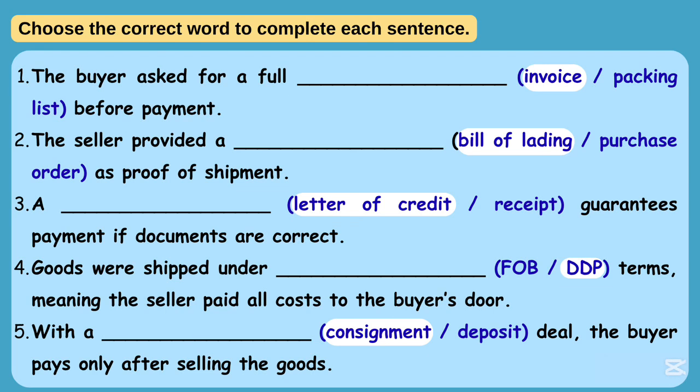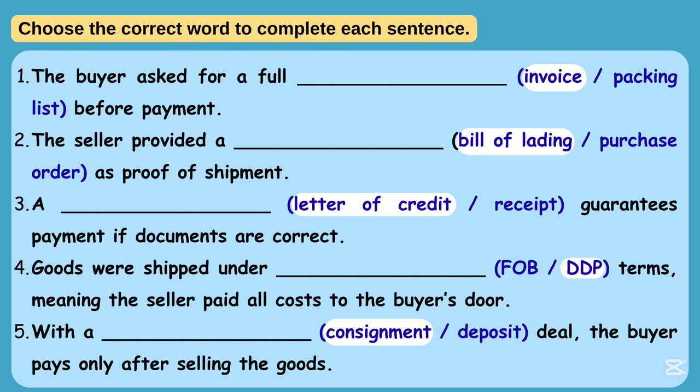Question 1. The buyer asks for a full invoice before payment. An invoice lists the goods and their prices. Question 2. The seller provided a bill of lading as proof of shipment. This is a legal document used in shipping.